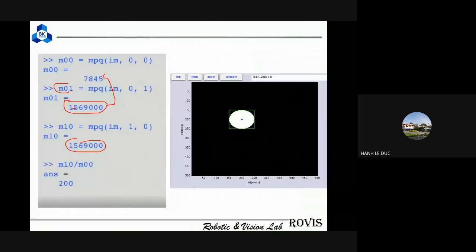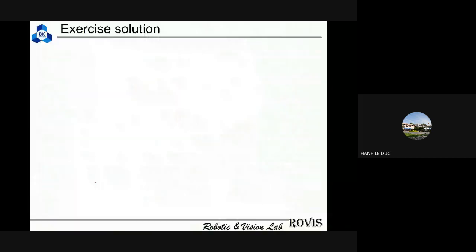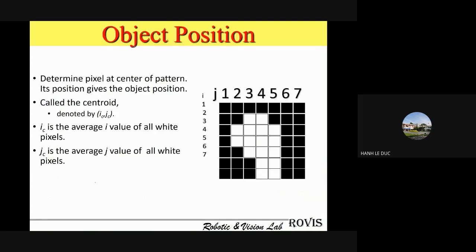When we divide, we will have M10 here, so we will have UC here, and VC is similar. So this equation is similar to your traditional calculation of the centroid of the blob. Okay, so let's see the image in more detail.